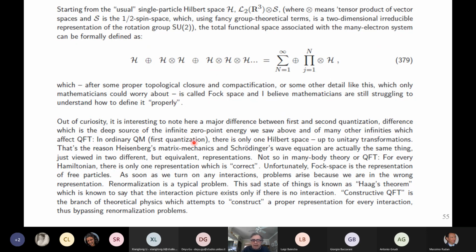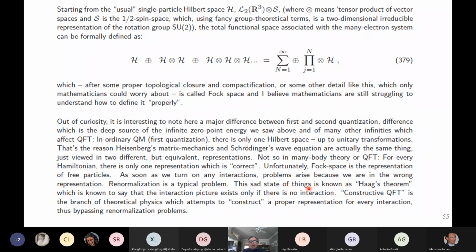Again, this is something that I think I mentioned before. Fock space is actually the Hilbert space which is associated with non-interacting particles. There is this sad theorem, which is called Haag's theorem, that says that Fock space can describe particles only if they don't interact, or if you wish, that if I use the interaction picture, I can only deal with non-interacting particles, which is kind of a non-starter, right?